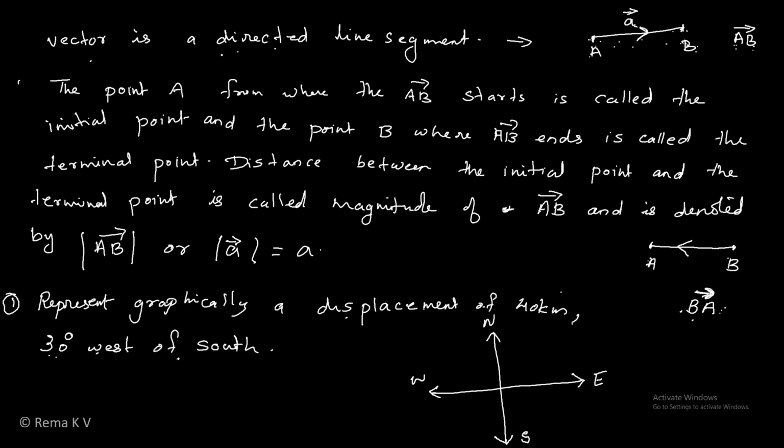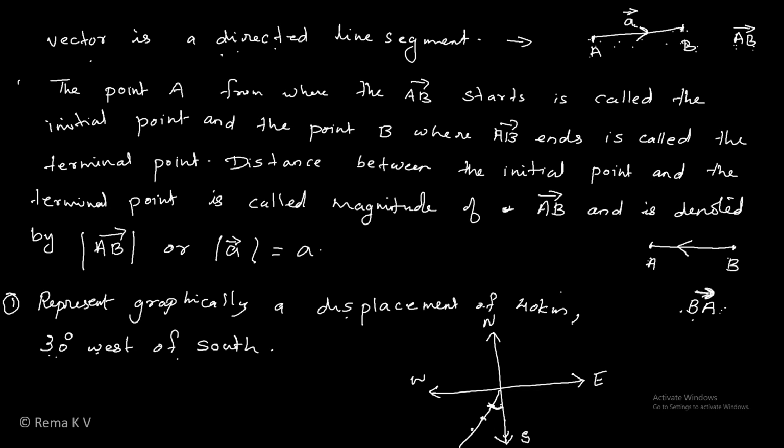West of south. So first we have to move towards south. This is the south direction. From here we have to move 30° towards west. From here either we can move towards west direction or towards east. Here we have to move towards west direction and that is 30° from here. So 30° and 40 kilometers.